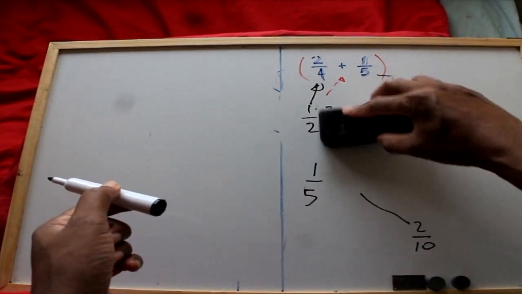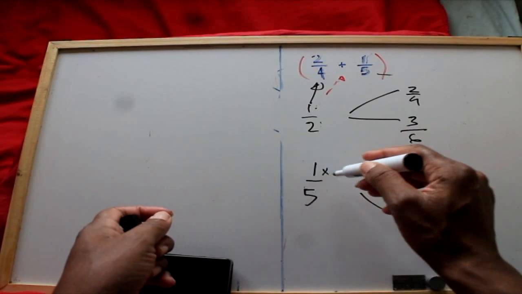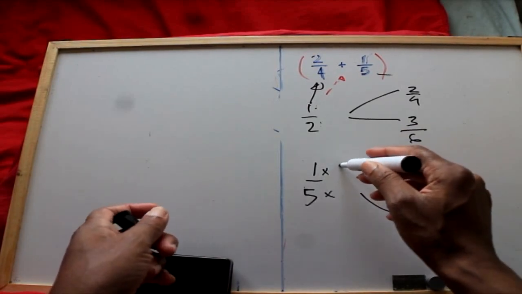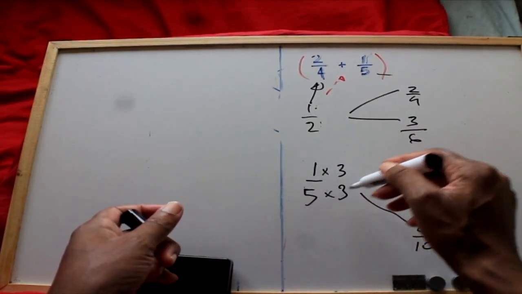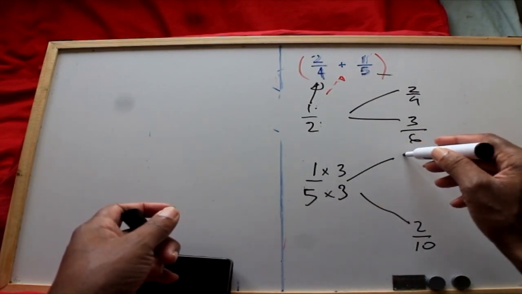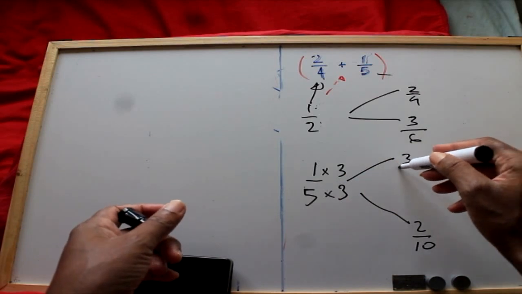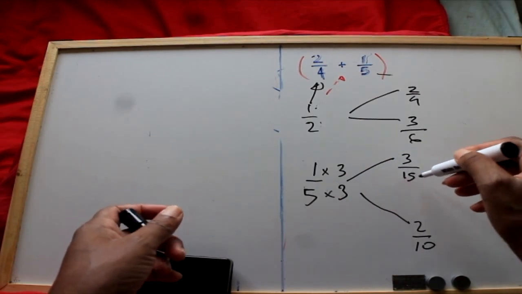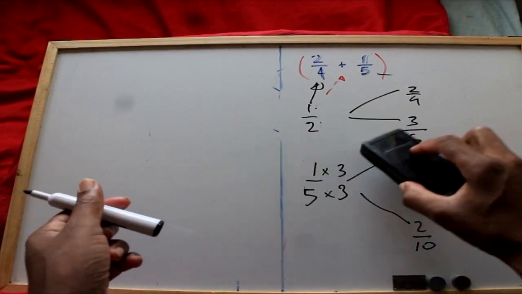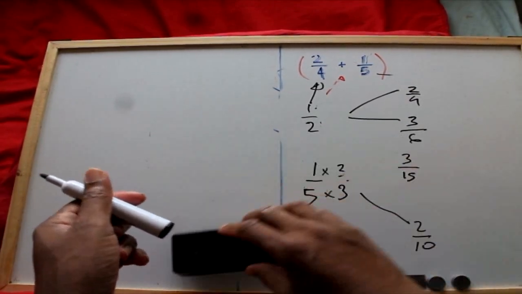Okay, that's interesting. Now let's multiply 1 over 5 by 3 in the denominator and the numerator. 1 times 3 is 3, 5 times 3 is 15. Keep going. Stay with me here, you'll see what happens eventually.